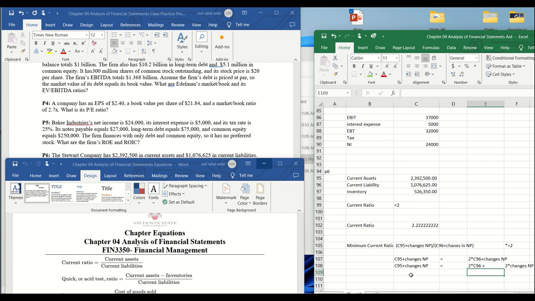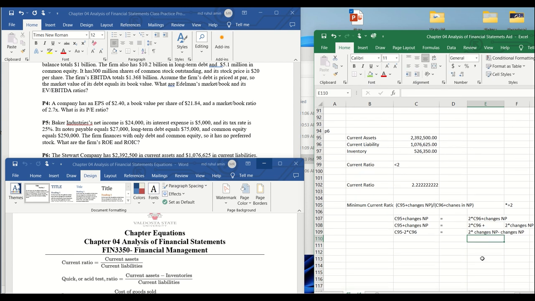Then can I just say C95 minus 2 times C96 equals 2 times change in NP minus change in NP.